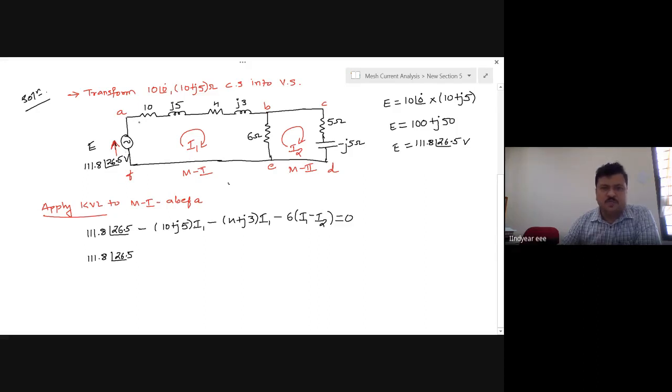So it is positive minus all the voltage drops in the circuit. I1 is flowing through 10 plus j5, I2 is flowing through 4 plus j3. In the 6 ohm both currents I1 and I2 flow, and because I am in mesh 1, it is I1 minus I2. Now open the brackets.